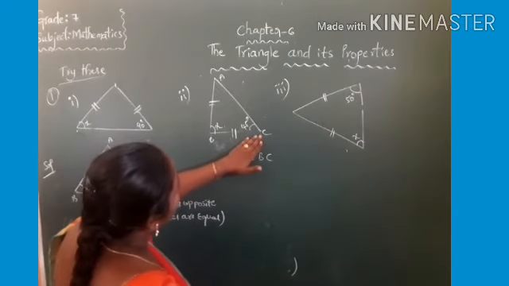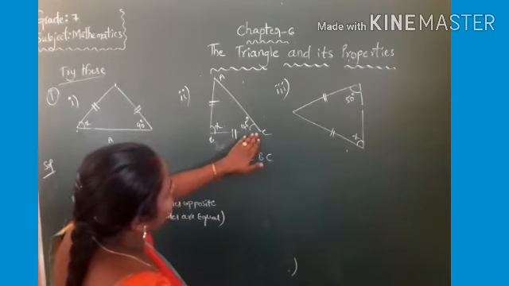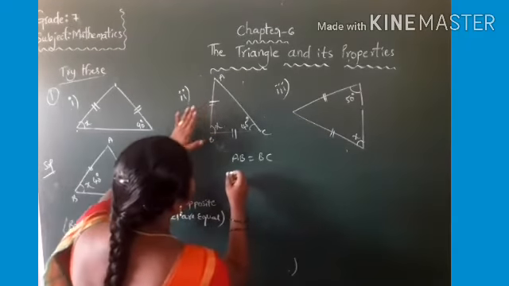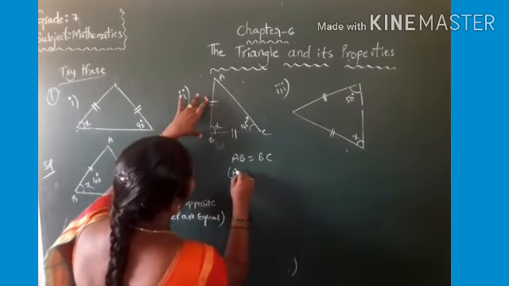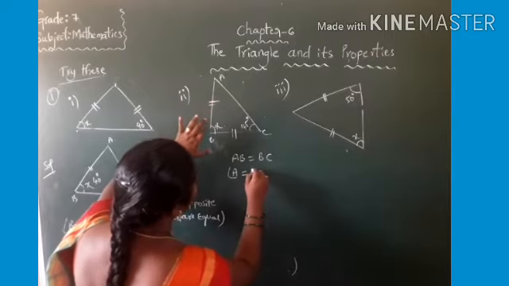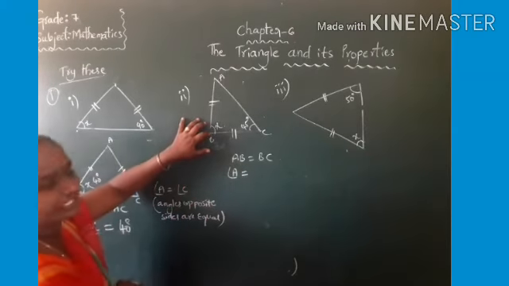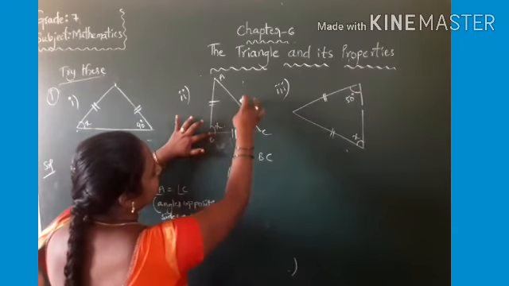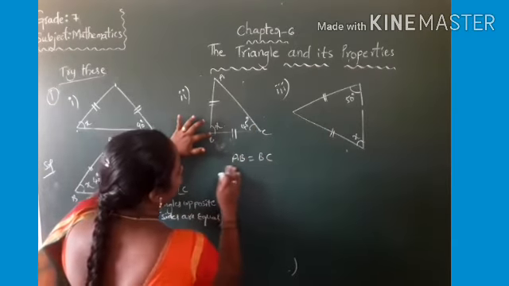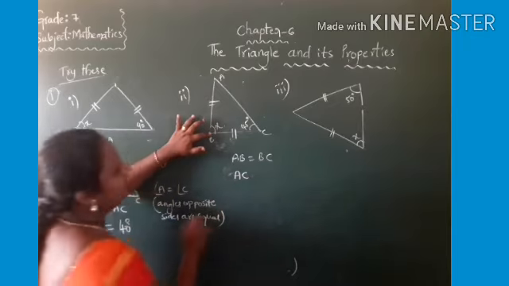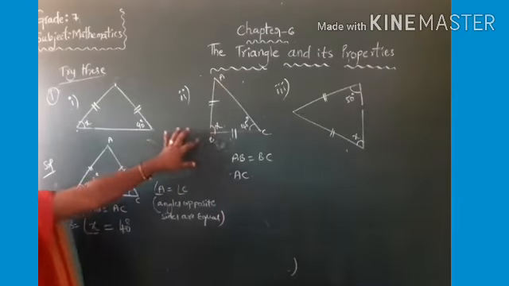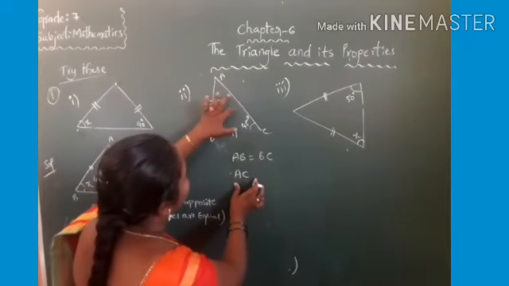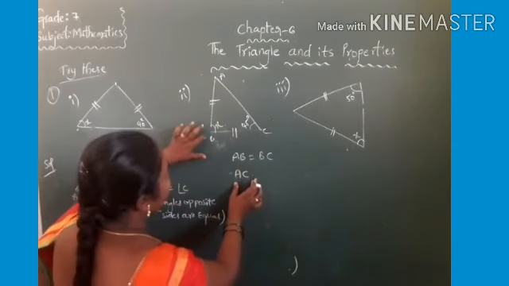So that means the angles opposite sides are equal. Which angle you have to find here? x. B's opposite side is AC. So that is side AC.